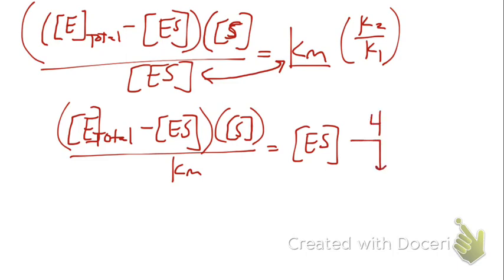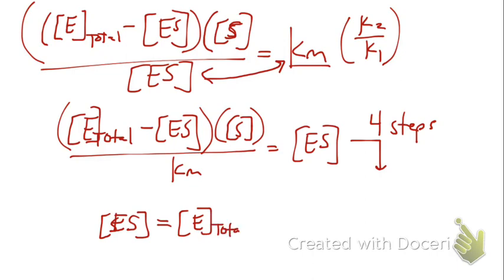There are 4 steps that get us from this equation to this equation. Feel free, if you would like, to look them up, but they are not important. And we get left with this equation, like what we saw in class.